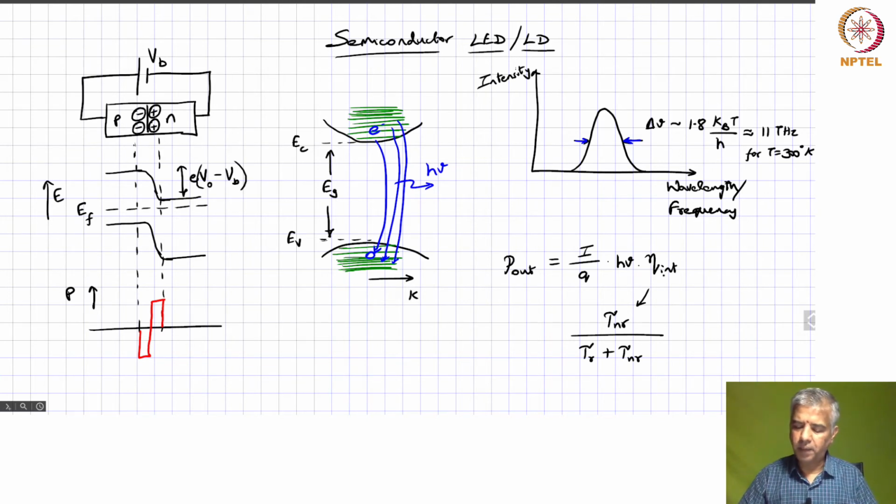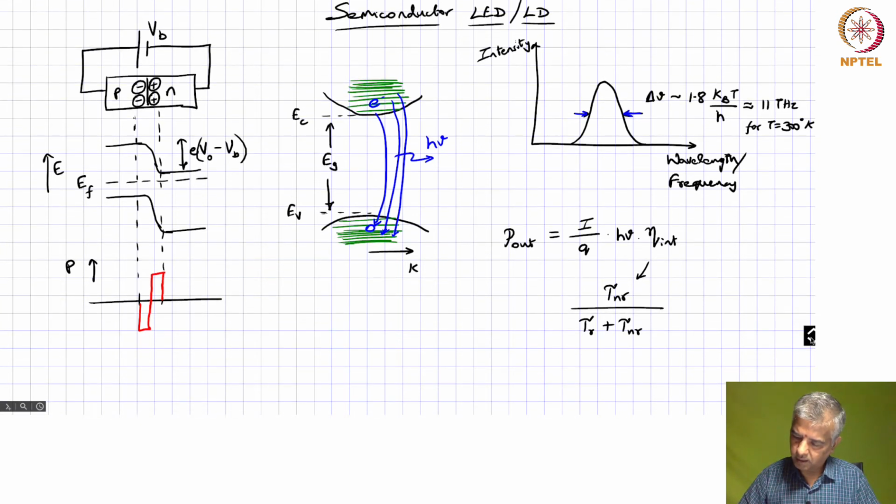So that is one part, and that explains what is happening as far as the generation of photons is concerned. But when you talk about an LED structure, a PN diode structure, that will correspond to a structure like this.